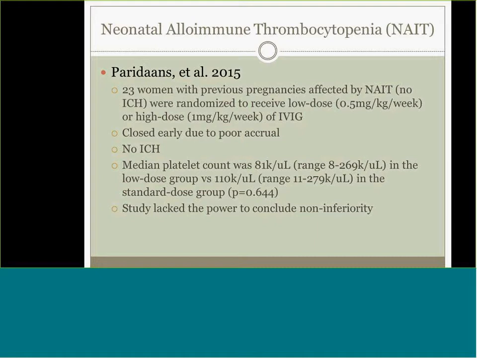So again, selecting a little bit of a lower, not low, but a safer population. It closed early due to poor accrual. They had no cranial hemorrhage, and there was really no difference in the platelet counts between the two groups. But because of the low accrual, they weren't able to say statistically this was a non-inferior option.